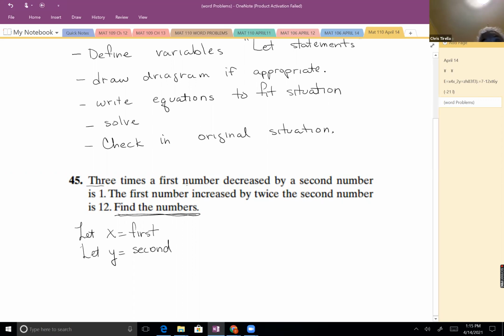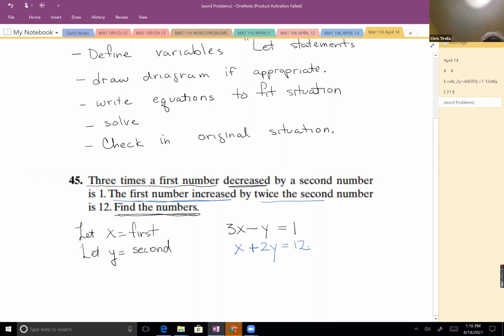For my equation, 3 times the first. If the first is x, that would be 3x. Decreased means I'm going to subtract the second. Is always turns into my equals 1. For my second equation, it says the first number. Well, the first number is x. Increased means add. Twice the second means I'm going to multiply the second by 2, 2y, equals 12.